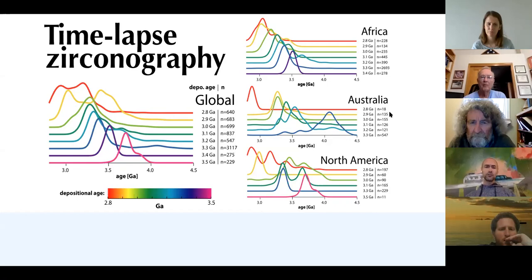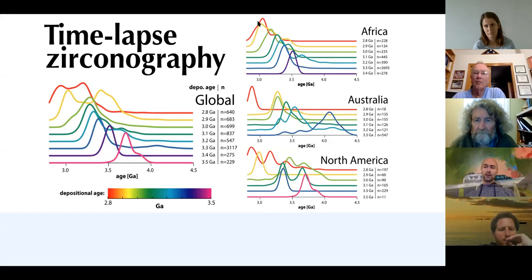So this is just looking at Archean sedimentary rocks, and it seems to suggest that we did not have episodic crustal growth, but that we had continuous zircon growth over this time period. And so in between these ages, we had zircon growth at this time, and then that marches forward.